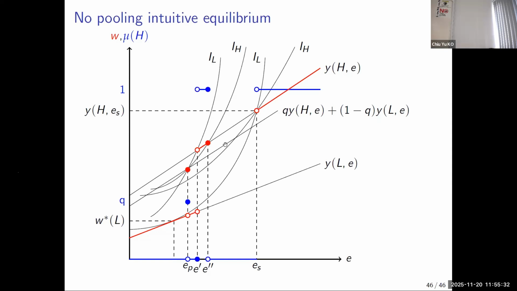So that's why you must believe I'm high type, right? So that is the requirement. Okay? But if that is the case, high type would take this one, would kill this equilibrium. Why? Because high type is happy here. So you see all this here. So high type gives you. So that's high.